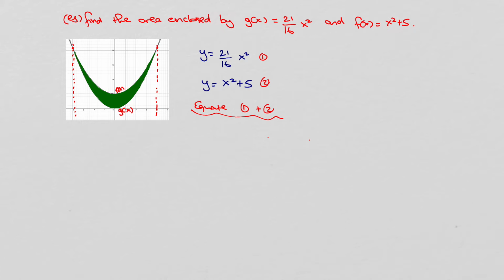And then that will give me my limits. I'm not asked to find the coordinates of the points of intersection here, so I do not need to find y. However, if I was asked for the coordinates first, I would have to find both x and y.